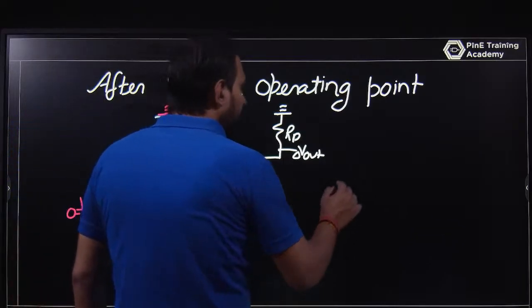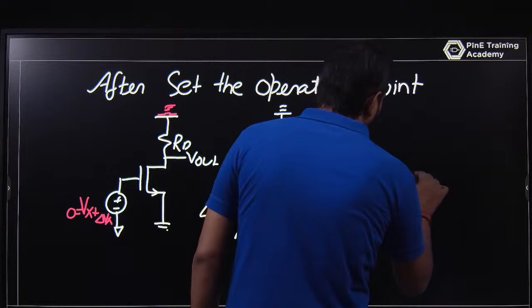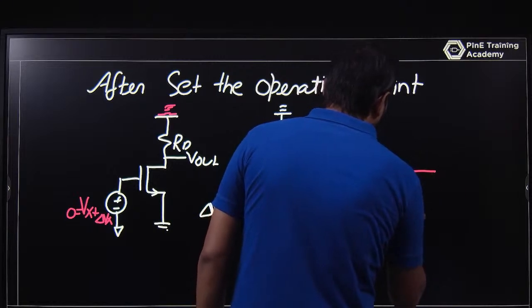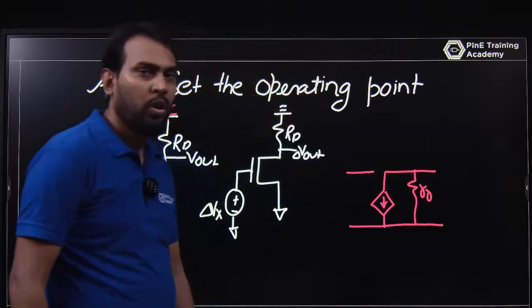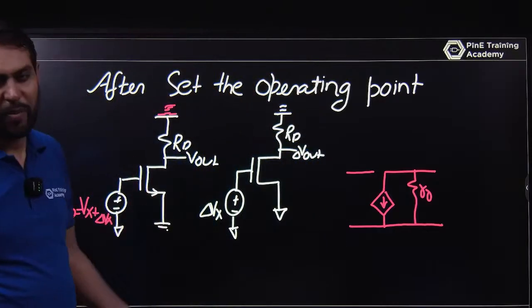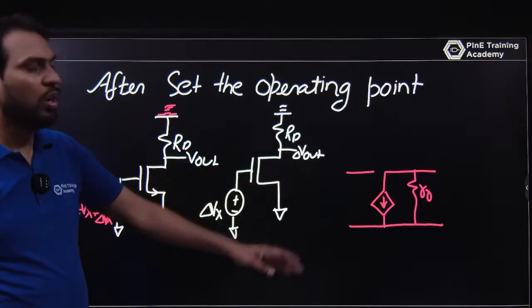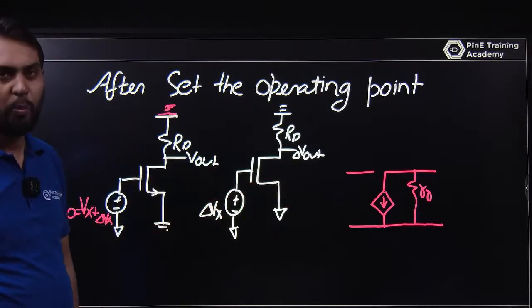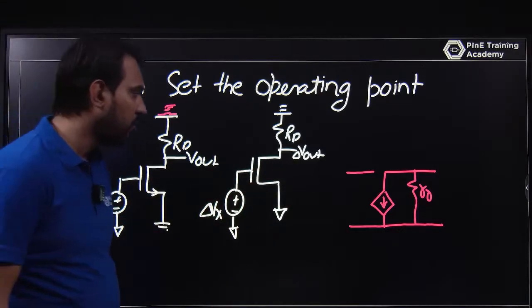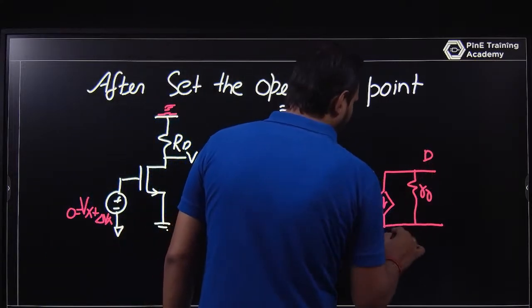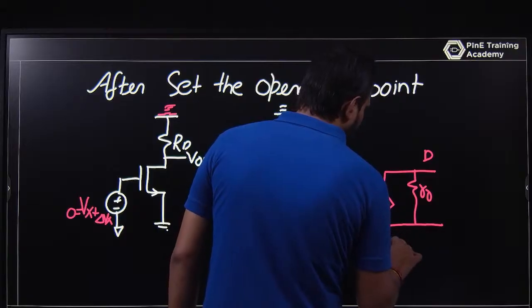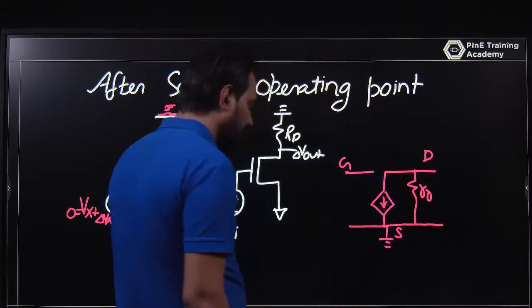So what is the small signal model? That small signal model is fixed for a MOSFET. Let me use R0, let lambda is not 0. Channel length modulation is present. If lambda is 0, R0 will be infinite, it will act like an open circuit. So here you have a gate, a drain, and a source, and the source is grounded.